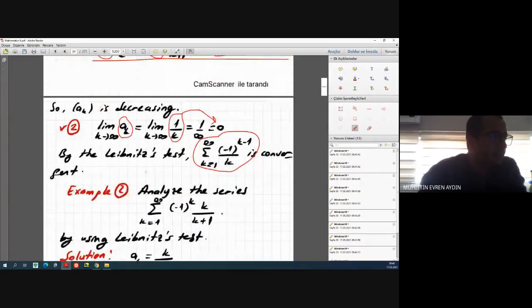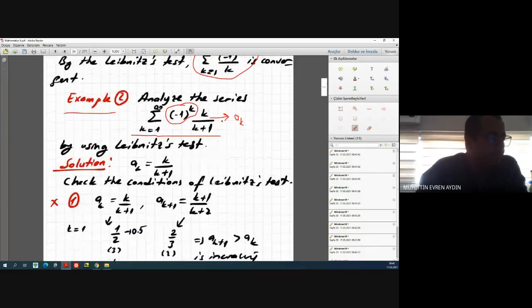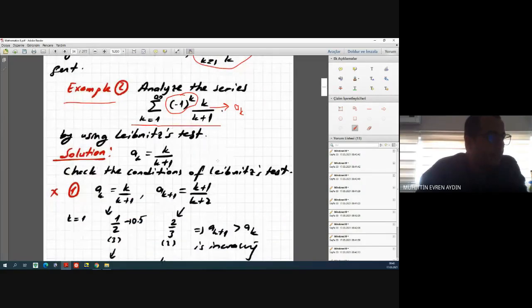Another example. We have an alternating series, and the positive part here is a_k.